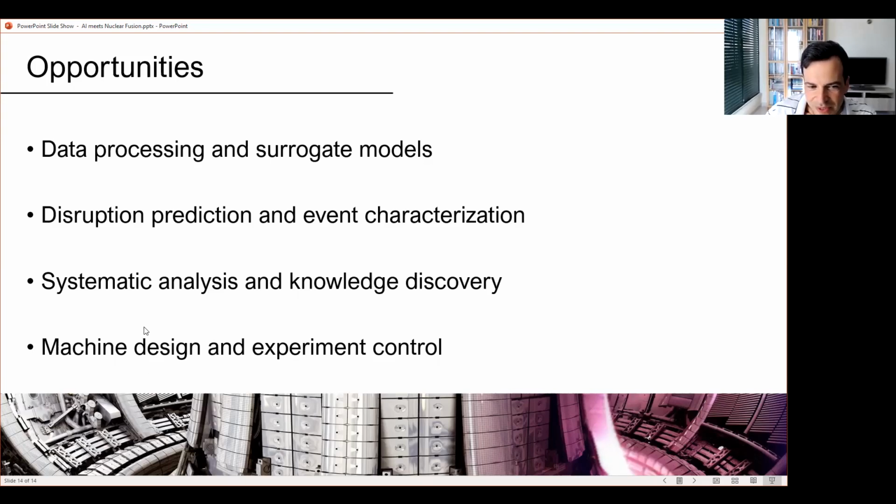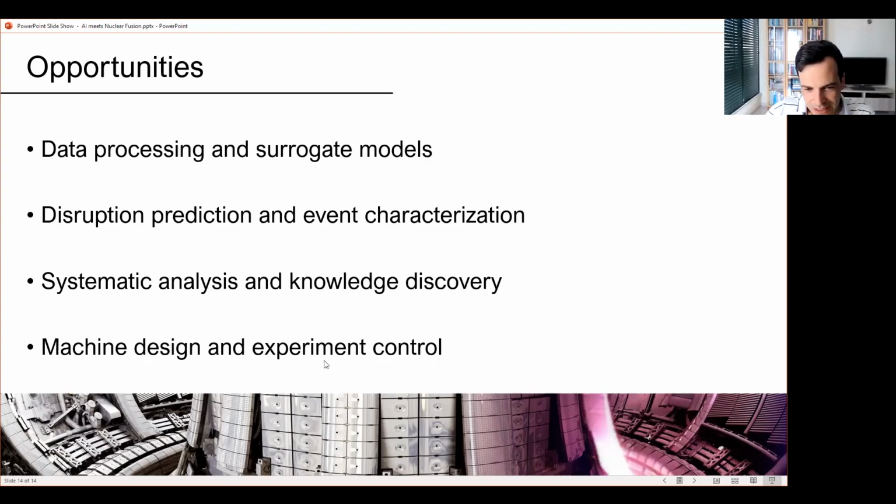That same optimization process can often be used, for example, in machine design. I mentioned stellarators that have twisted coils, and there is an optimal shape for those coils. This is an example where we could perhaps use machine learning to find the optimal solution.